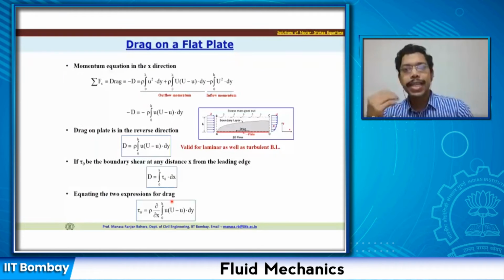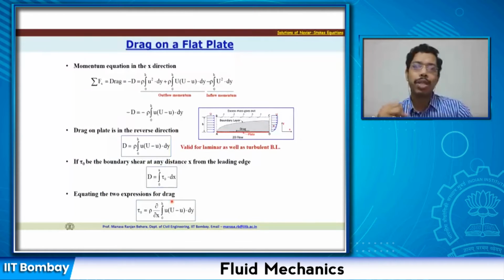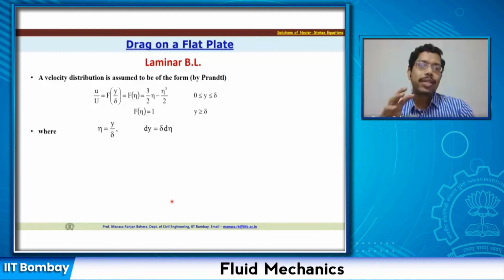Now taking that as a precursor, let us now understand what is happening within the boundary layer. We have already seen Prandtl's boundary layer theory and the equations. So now looking at an expression which is suggested by Prandtl, a velocity distribution was considered. We have said already u by U is a function of y by delta.